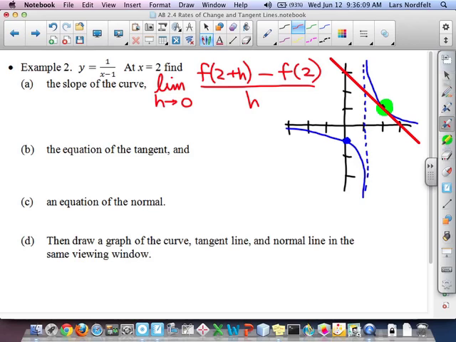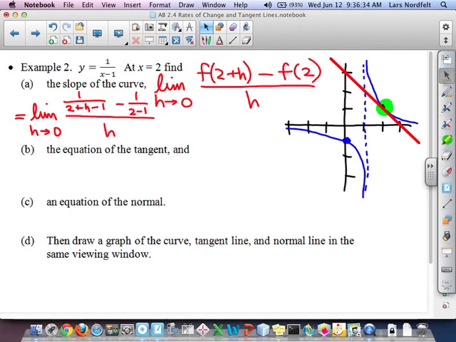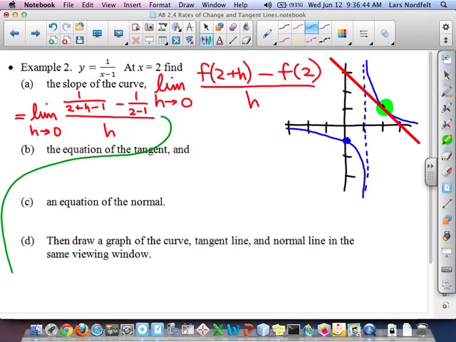Yeah. So this would be the limit as h goes to 0 of 1 over 2 plus h minus 1, minus 1 over 2 minus 1, all divided by h. I can see I didn't give myself enough room here. I'm going to continue this down here.